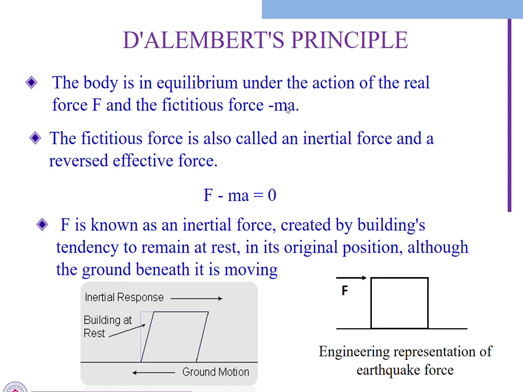That is related to the inertial force, mass into acceleration, and it is also called the inertial force, a reversed effective force, meaning the effect will be in the reverse direction.